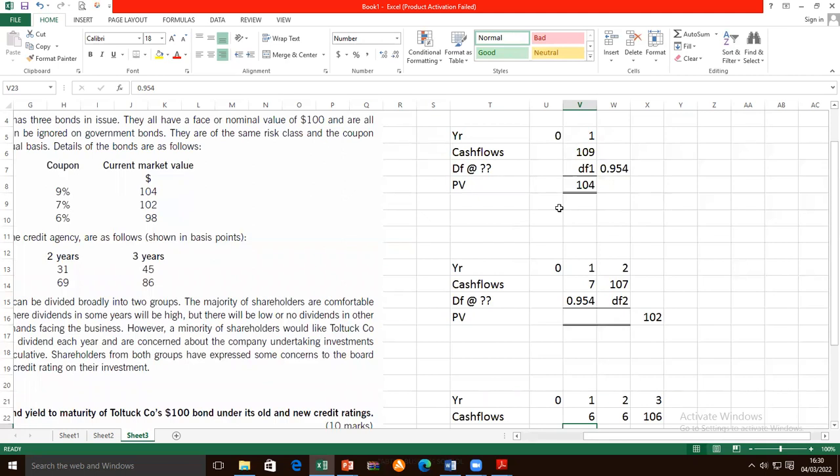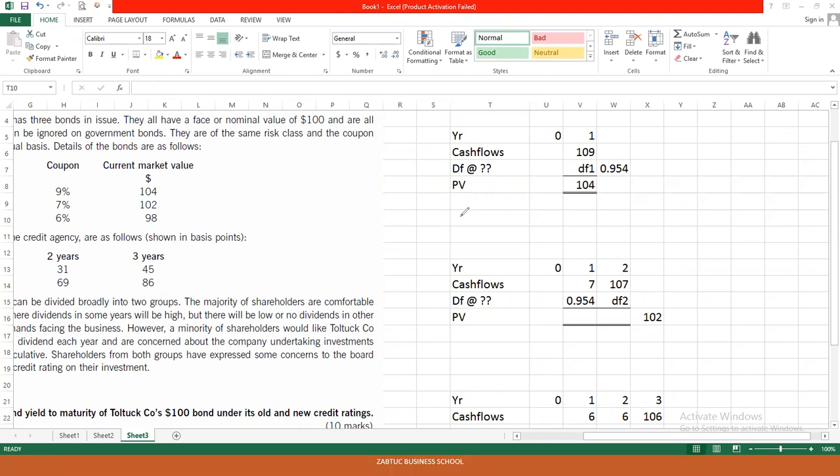Now the next item is the discount rate. What discount rate will give you 0.954? So you say 1 over 1 plus R, to the power of only 1, should give you 0.954.